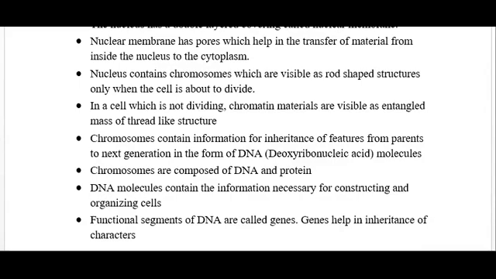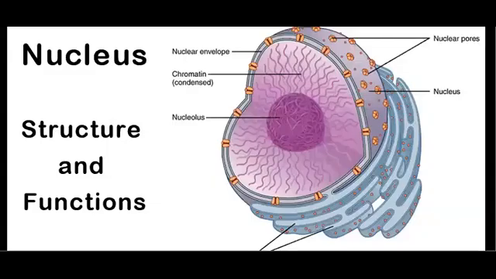Let me just show you a small figure of the nucleus. As you can see from the structure of the nucleus, it is a round body, a dense, dark, oval or dot-shaped structure in the center of the cell. It has a double layered membrane. There is a nuclear envelope, which is porous.